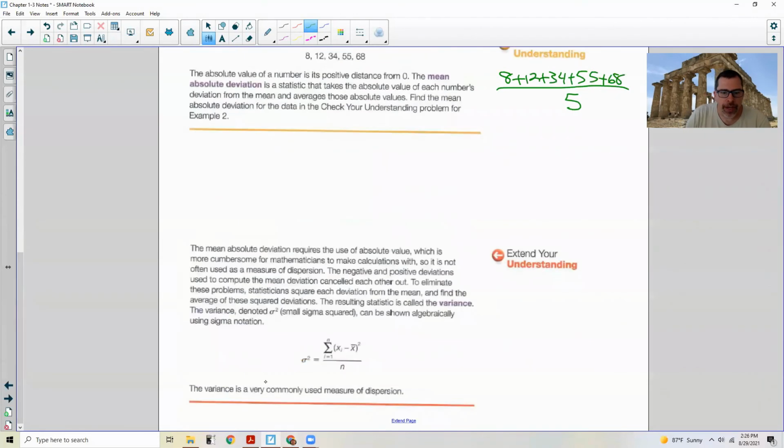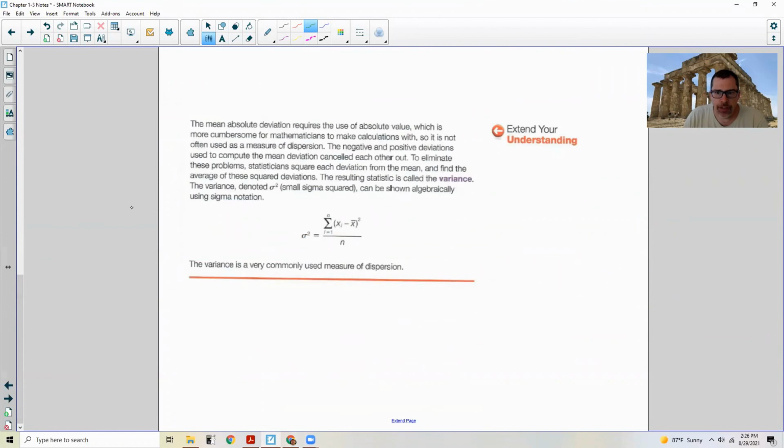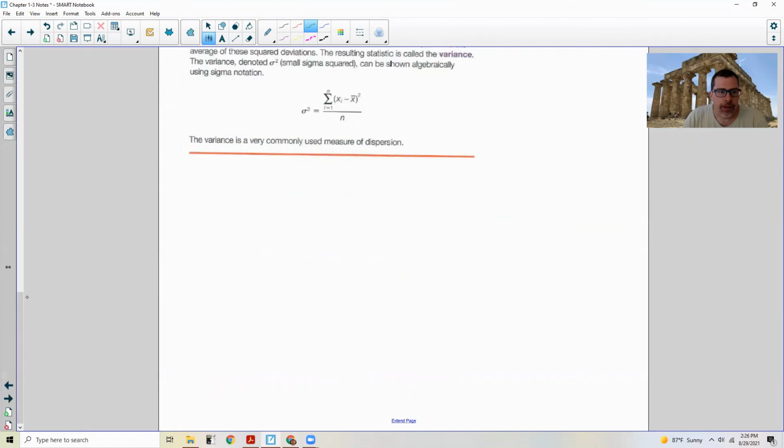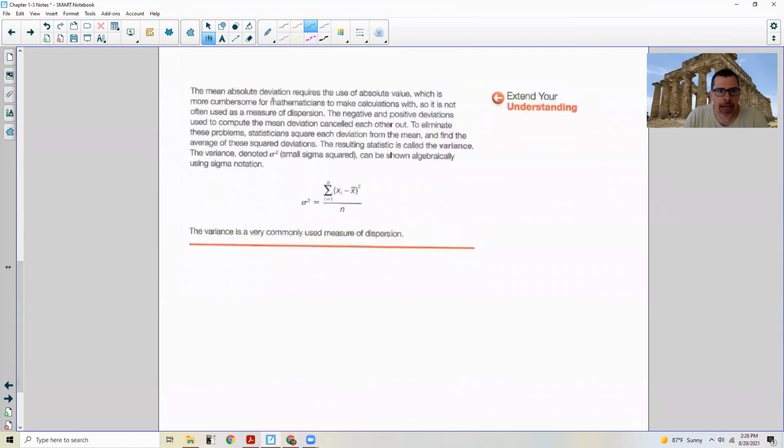All right, so now it says, let's extend the page for the extend your understanding. So now it says the mean absolute deviation requires the use of absolute value. Okay, remember what that is. The absolute value by definition is simply distance from 0. So let's just recap that real quickly.